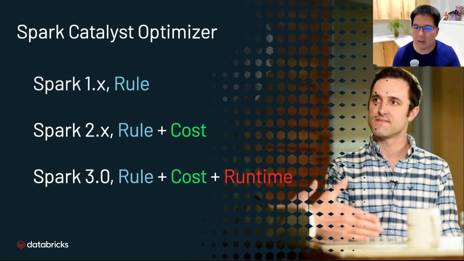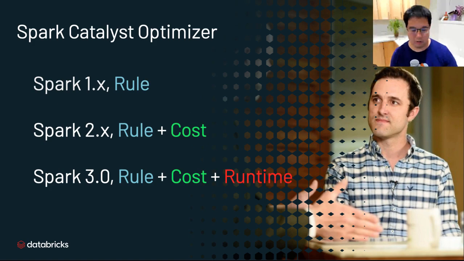Okay, so that's the concept of CBO, or cost-based optimization. Well, 3.0 introduced this concept now of running it at runtime, right? And so basically you've run your rule-based, you've run your cost-based, but now at runtime, perhaps you can make changes to the engine. And so this is the concept of the Adaptive Query Execution framework, or AQE.